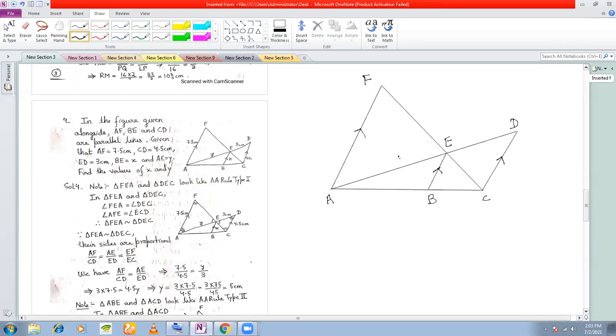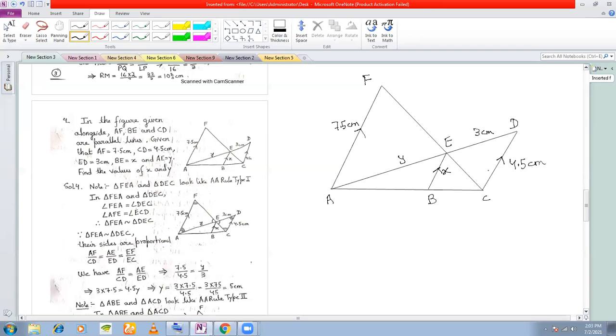It is given to you. This length is given to be y, 7.5 centimeters. All this is already written in the diagram that is given to you. 3 centimeter. This is x. This is 4.5 centimeters. Fine. That is it. In the figure, now read the question.